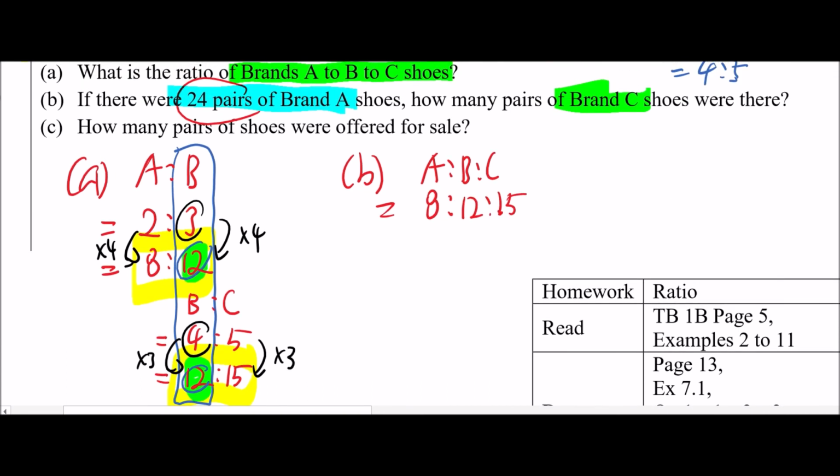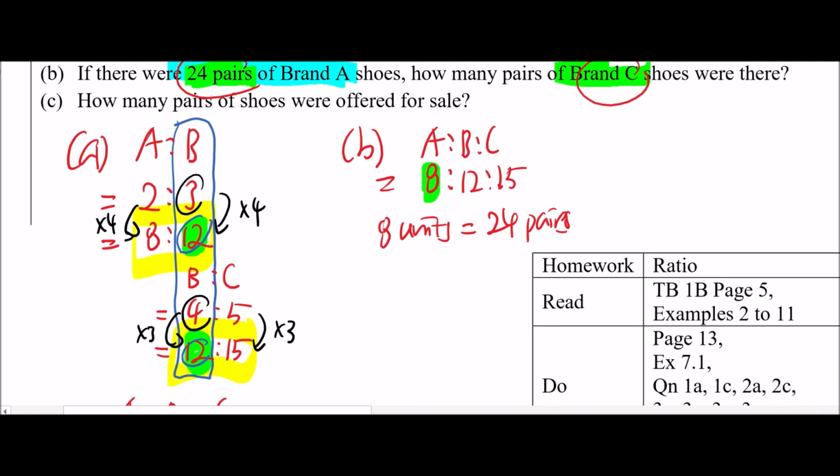Now, given the ratio, we know that this 8 units here represents 24 pairs. So we can write in terms of units. 8 units can represent 24 pairs. Now we are asked to find brand C. Brand C has 15 units. So how many pairs is that?